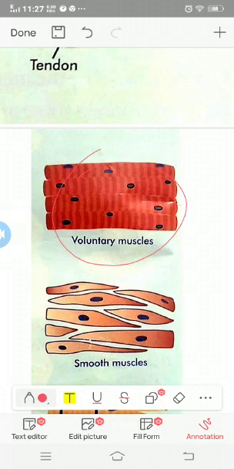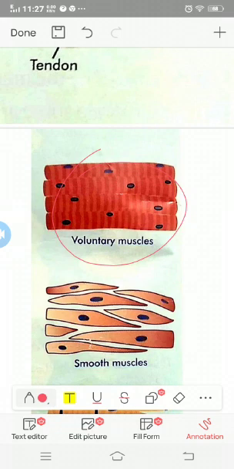These types of muscles are attached either directly or indirectly to the bones and work in opposing pairs. For example, one muscle in the pair contracts while the other relaxes to produce movement.